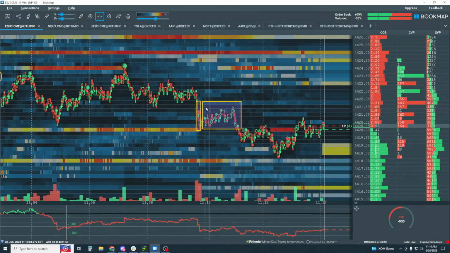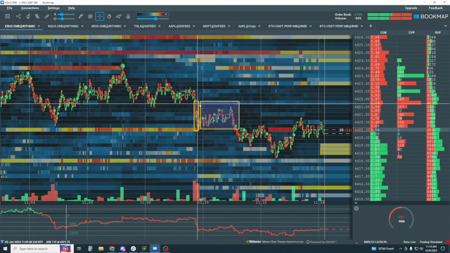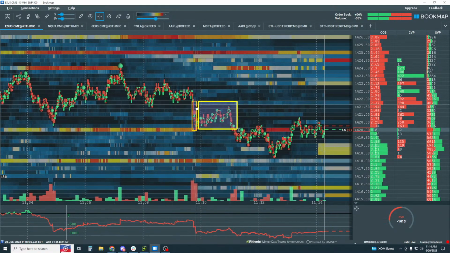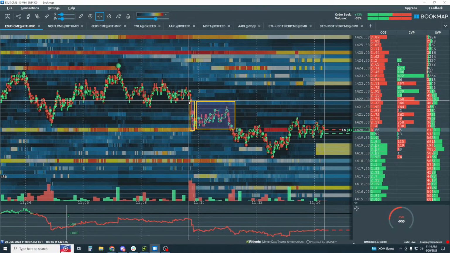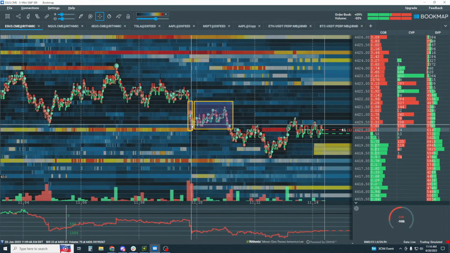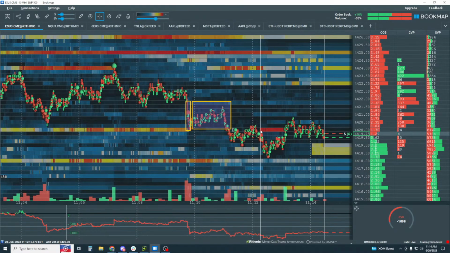All right. So let's see here. We can also look at this as a potential trend after this big volume event here. Is it trending to the downside here?